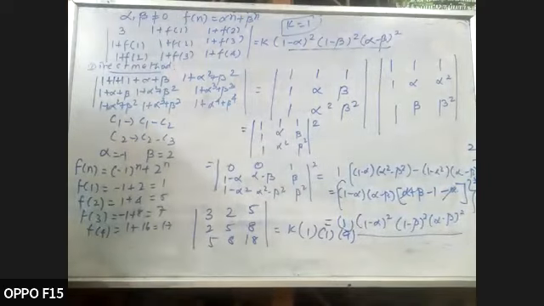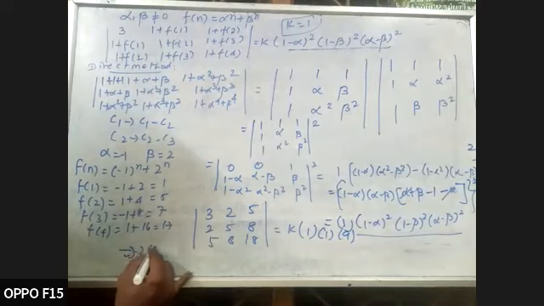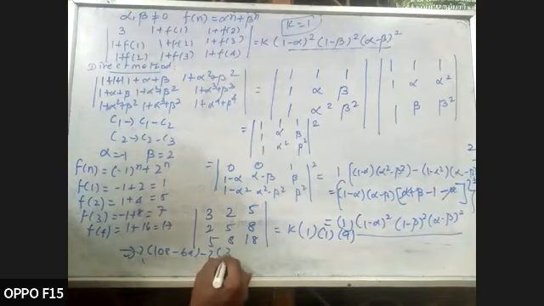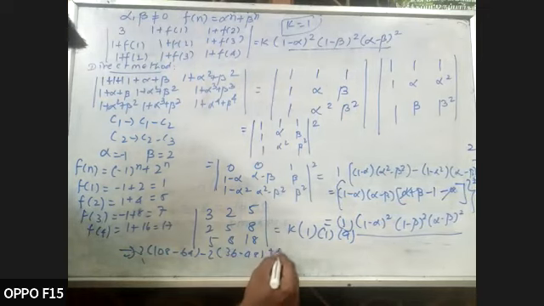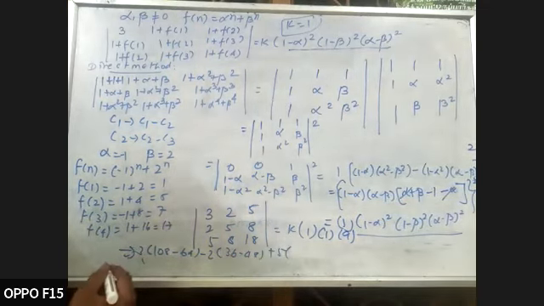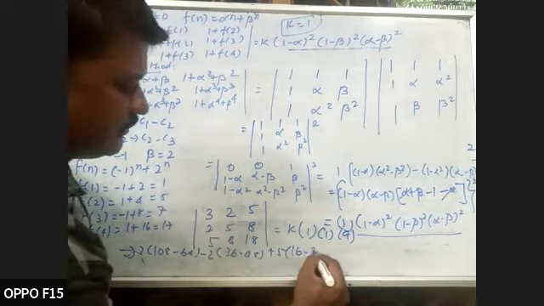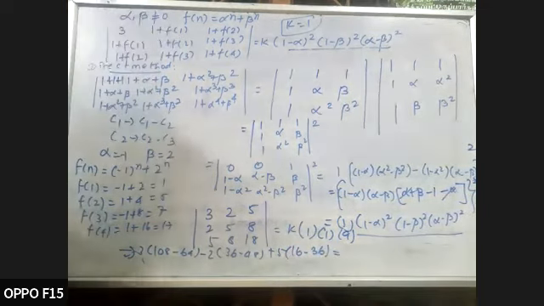Next, let's expand this. We'll get 3 into 108 minus 64 minus 2 into 36 minus 48 plus 5 into this row, this column cancel, 16 minus 36, which is equal to 9. Is it 25, sir? 16 minus 25?